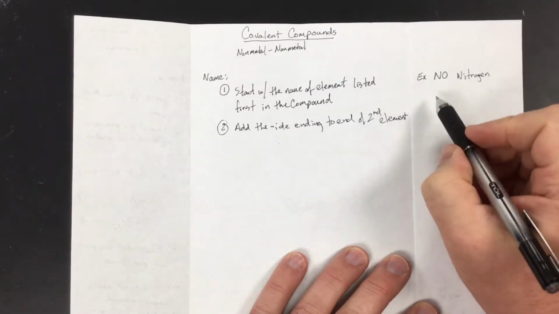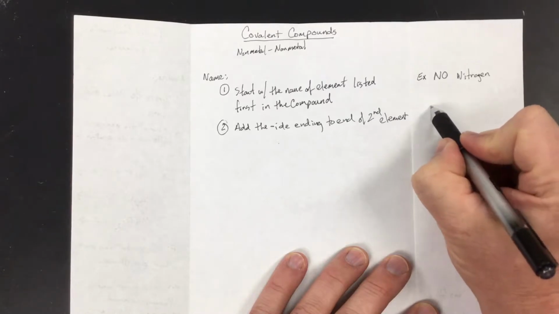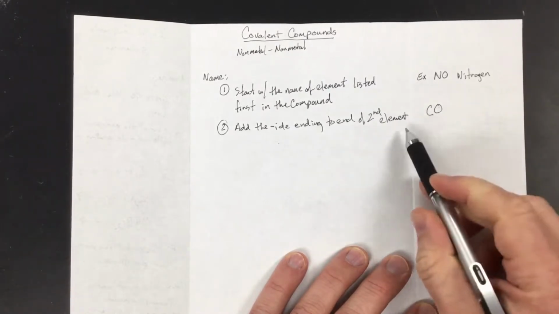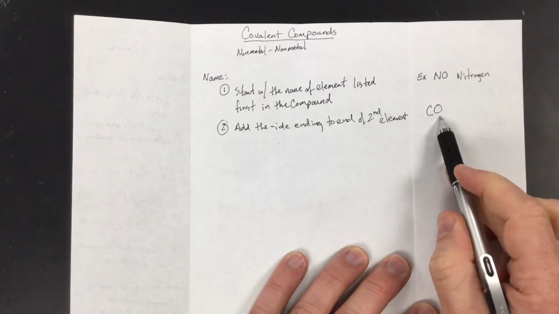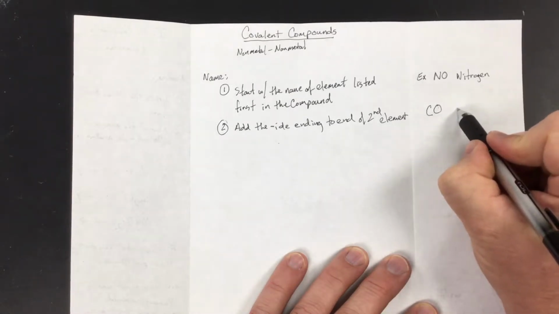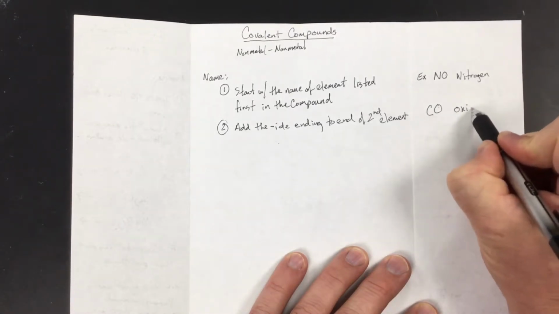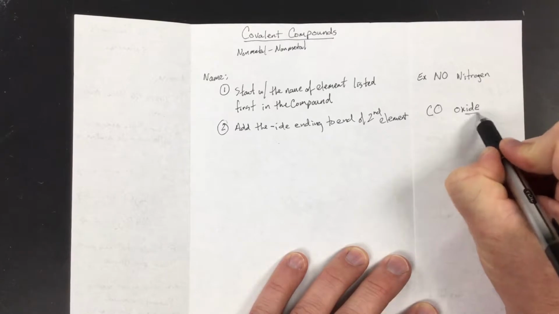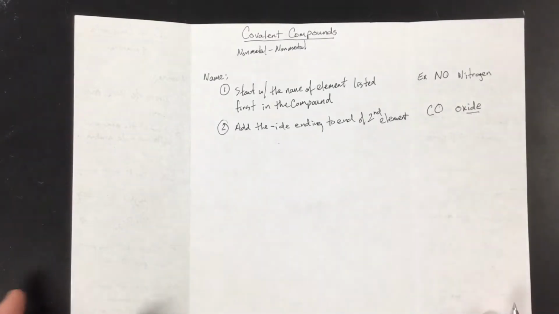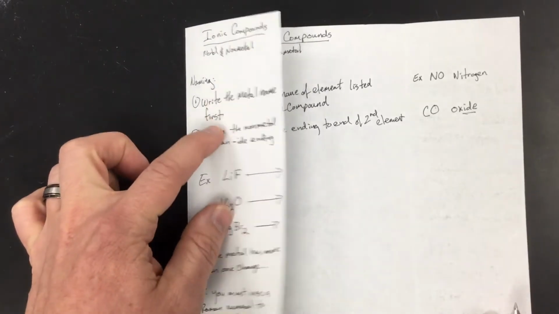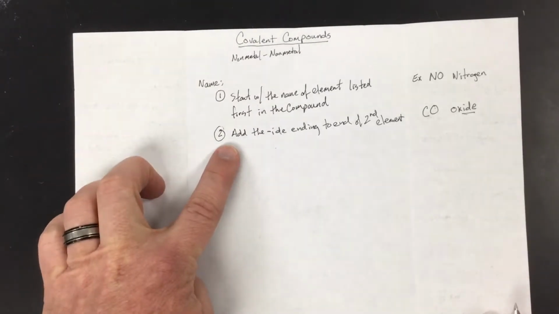Oxygen goes to oxide. If we were naming the example of C and O, the second element here is also oxygen, so that oxygen becomes oxide. There's that IDE ending, all right? Those are almost identical to the first two rules of naming ionic compounds. They're the same for covalent, okay?